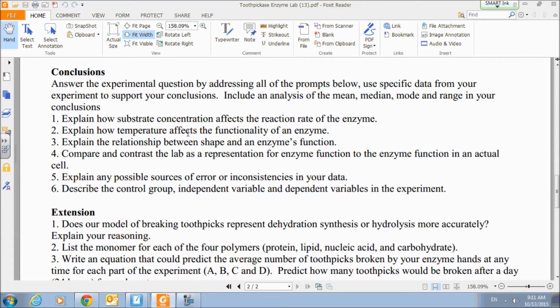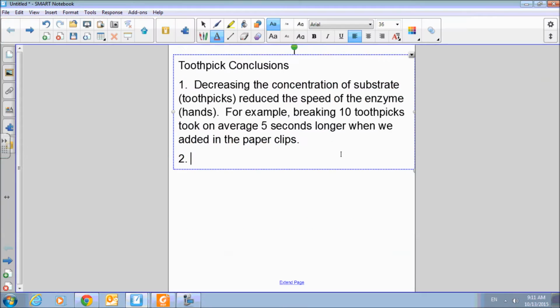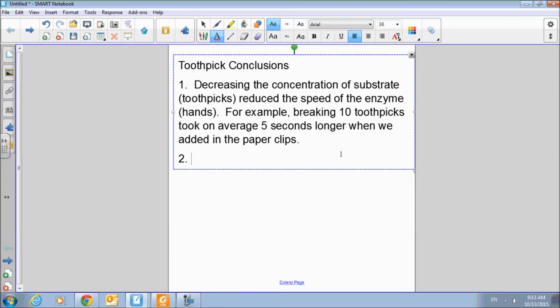For our second question, it's the same type of question, but it's asking how temperature affected the rate of your hands breaking the toothpicks. What patterns did you see there? But I still think we saw a general trend of what? Slower or faster when we put our hands in the ice? Slower, on average, right. So your answer for number 2 would sound similar to number 1.